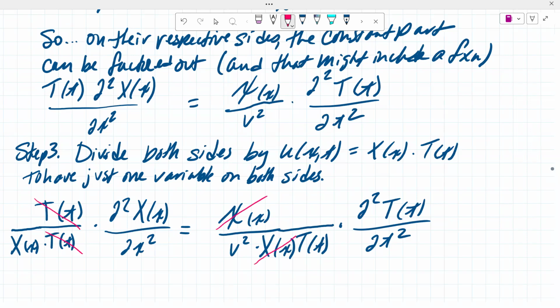And we also have canceling right there. The interesting thing is that now on both sides of the equation, we're left with only one variable. The left-hand side has only x's, and the right-hand side has only t's. Let me also make sure it's really clear that that X of x also cancels, just to be sure. So this was by canceling.